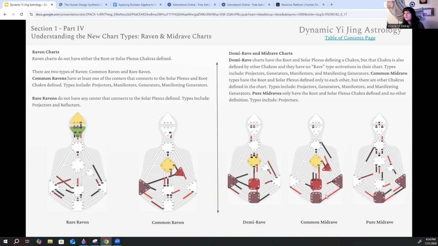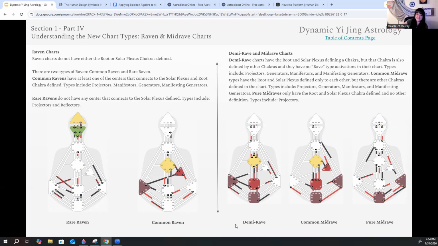They're defined only to each other and don't connect to other centers. That's true for both of them. But the pure mid-rave doesn't have any centers defined whatsoever except for those two. So those are the mid-raves, where the solar plexus and root are defined in their own connection.